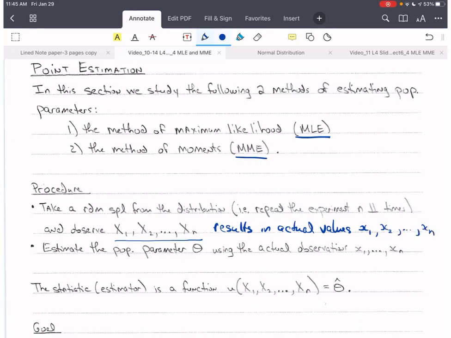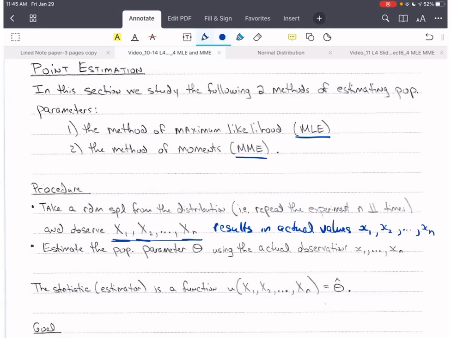Now, the numbers 1, 2, up to n just denote the order in which the values were observed, because they correspond to the first random variable, the second random variable, up to the nth random variable. And we're doing those in that order, but that doesn't mean that we're going to have ordered values, smallest to largest, by any means. They're random, so they're going to be fluctuating from value to value.